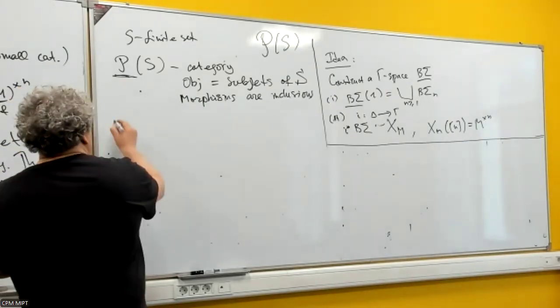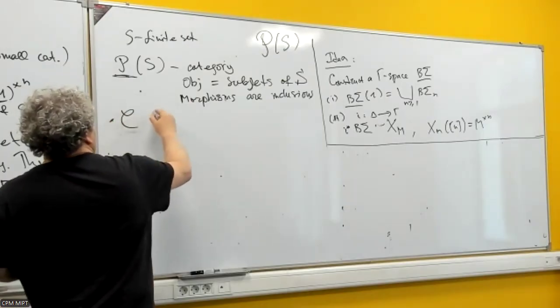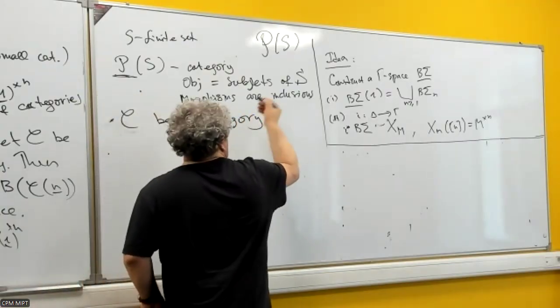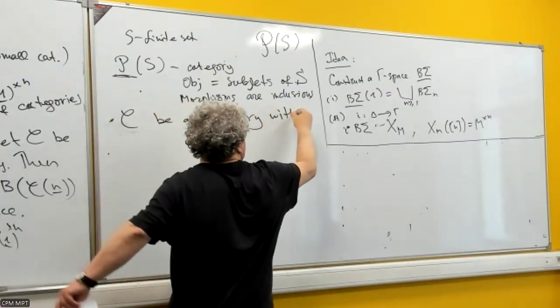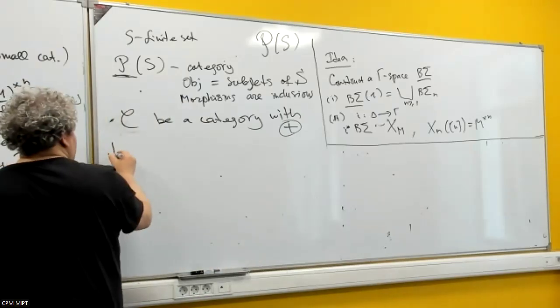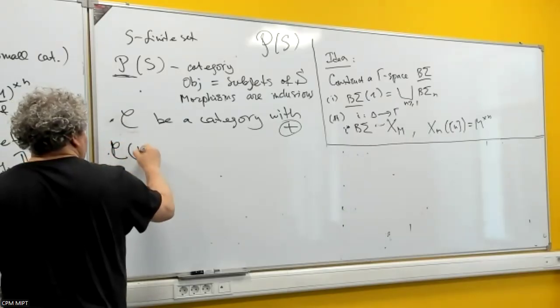And then I consider functors. So let C be a category with direct sums, like finite sets as our main example. And we consider the categories, let me call it C of n.